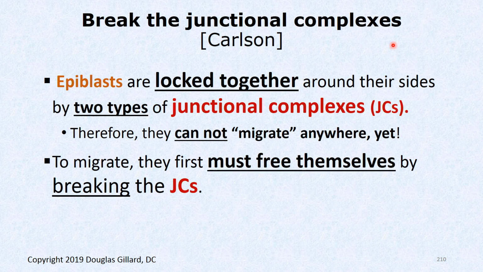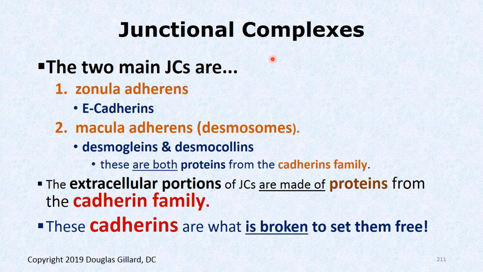All right, break the junctional complex. So again, the epiblasts are locked together by junctional complexes, and we got to break them. And who are the junctional complexes? Now the tight junctions, they're junctional complexes, but they don't hold the cells together. Remember from your histology, what do tight junctions do?